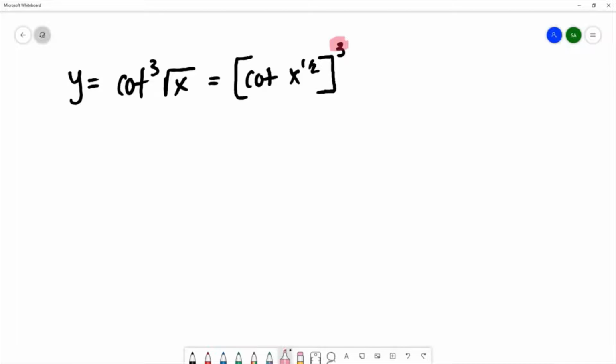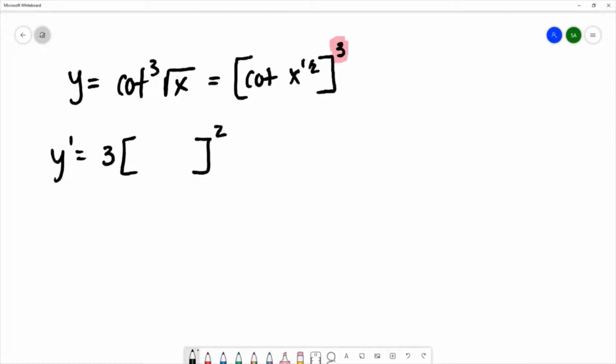Now I have on the outside the cube, and so I'll start calculating the derivative with the power rule because of it. So I bring the power down. I'm going to take 1 away from the power. That's using the power rule.